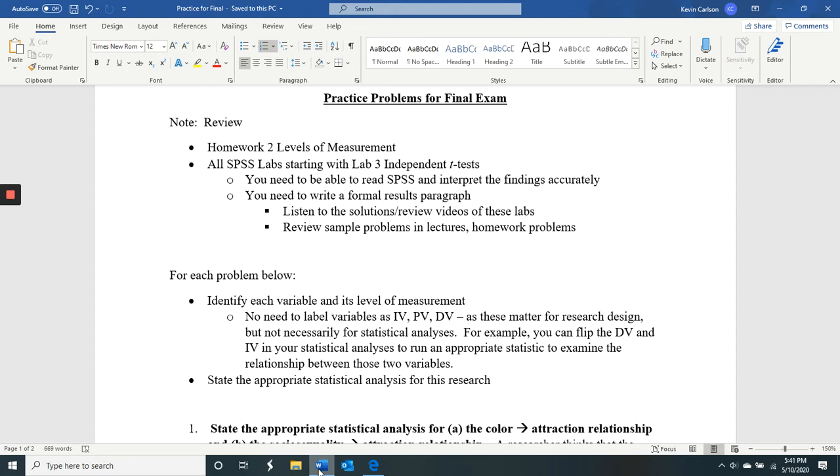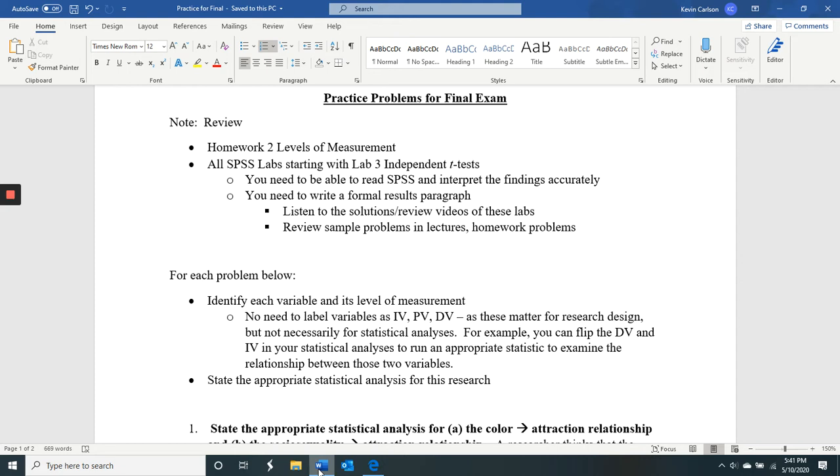And then the second type of problem is looking at SPSS output and making the correct interpretation of the output. And then to be able to write those interpretations in a formal results paragraph, like we've been doing for the whole semester, essentially.